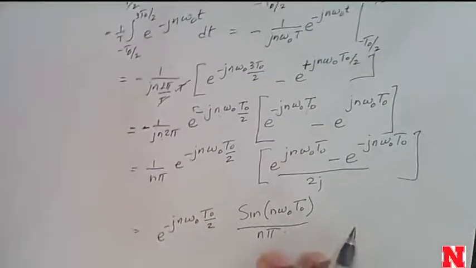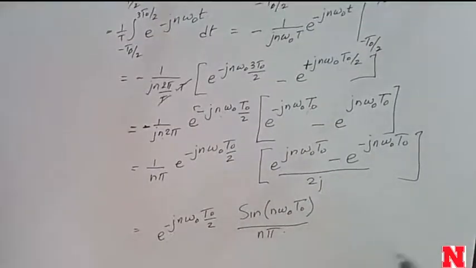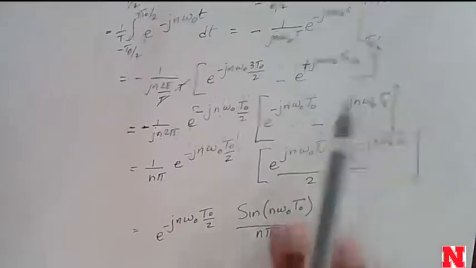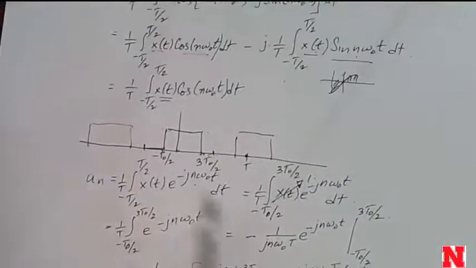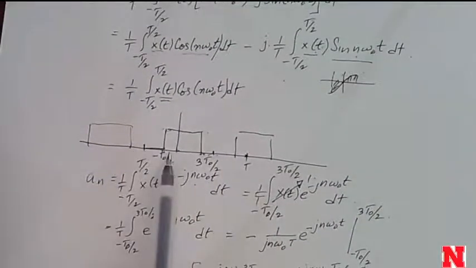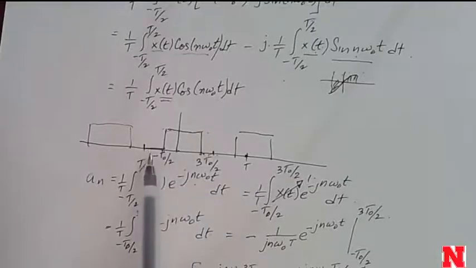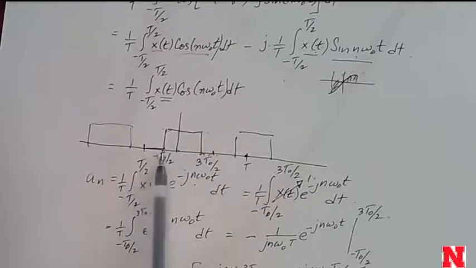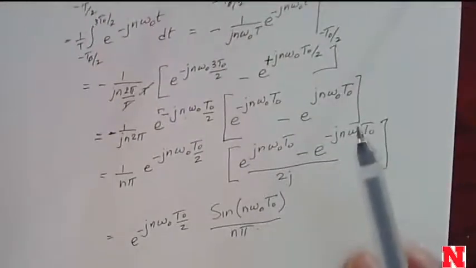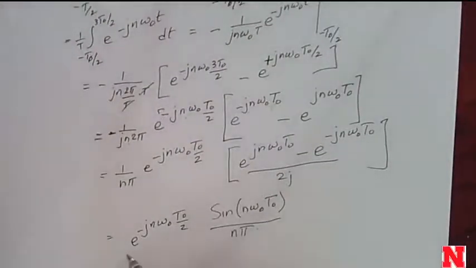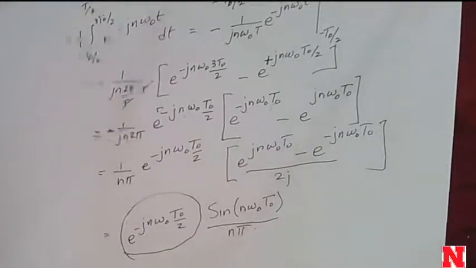So that shift that we did in the time domain, we shifted this thing by t naught over 2. It was over here from minus t naught to plus t naught. We shifted it over by t naught over 2, so that now this goes from minus t naught over 2 to plus 3 t naught over 2. The effect of that was to introduce this additional phase term into the coefficient.